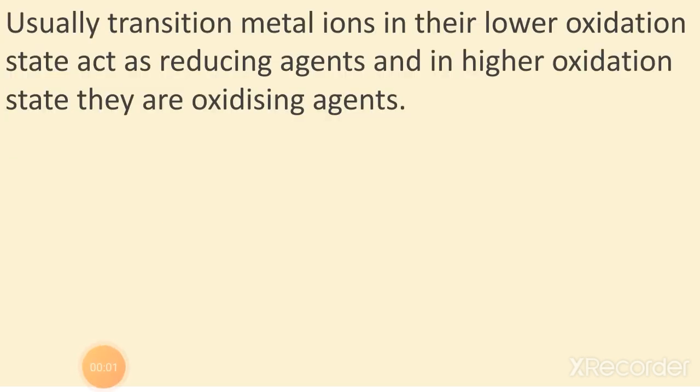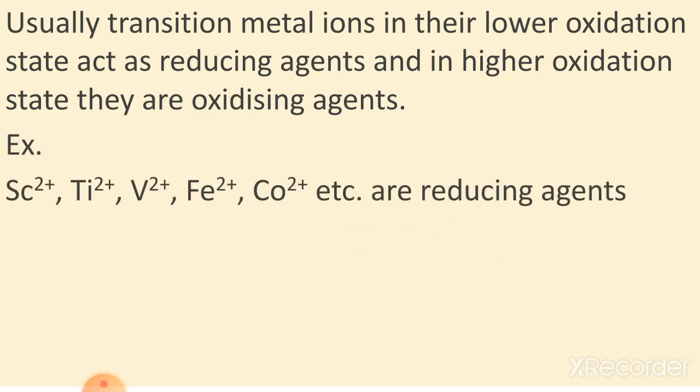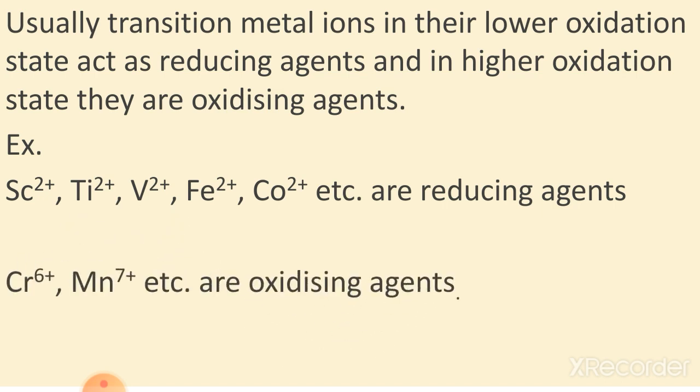Now usually transition metal ions in their lower oxidation state act as reducing agents, and in their higher oxidation state they are oxidizing agents. Here some examples are given: scandium 2+, titanium 2+, vanadium 2+, iron 2+, and cobalt 2+, etc. are reducing agents. This can also be found from electronic configuration. So first of all, write the electronic configuration of scandium, titanium, vanadium and try to find why they act as reducing agents.